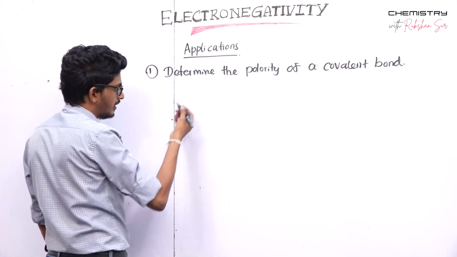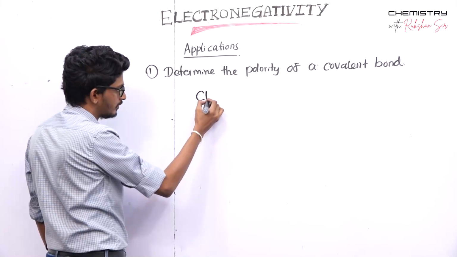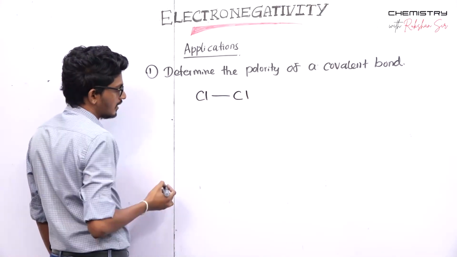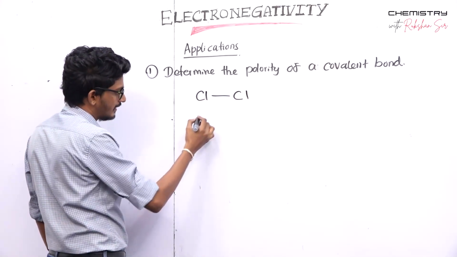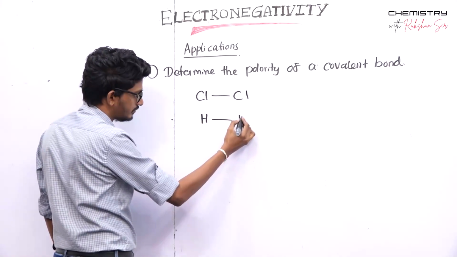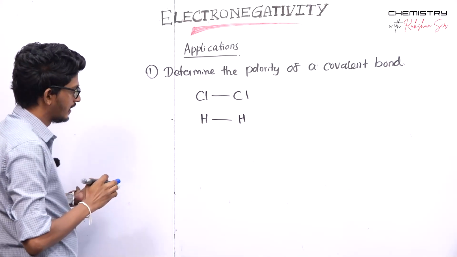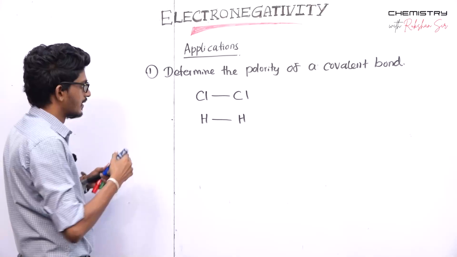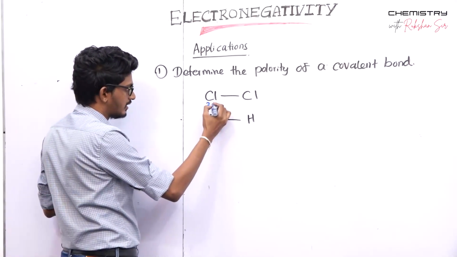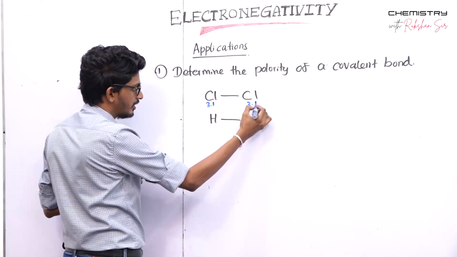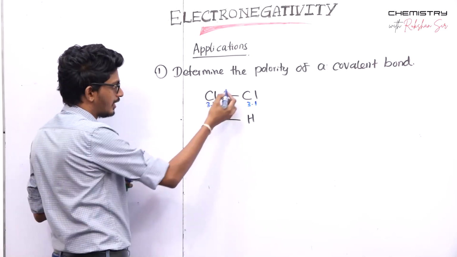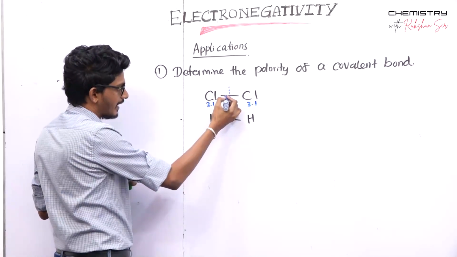If you think of Cl2, even H2, we know the chlorine atoms have equal electronegativities. So the shared pair is actually at the center.